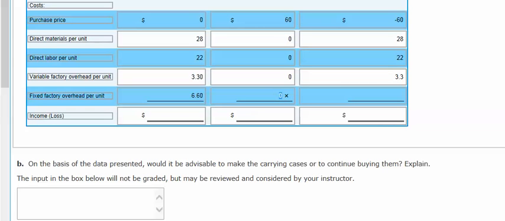Actually, I think probably down here, fixed factory overhead per unit. Interesting. I'm going to plug in $6.60 because the fixed is not supposed to substantially change. So I'm going to put that in. I'm going to see what happens. Put a 0 there.